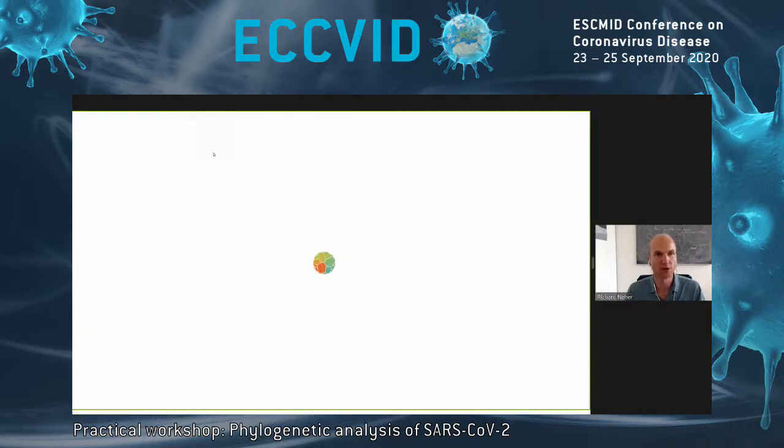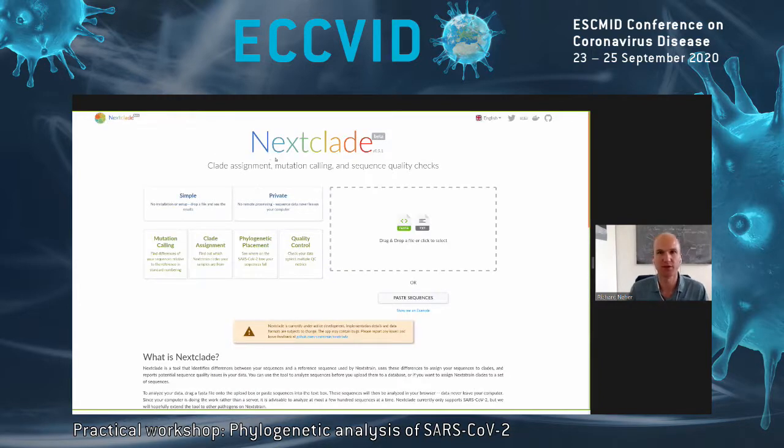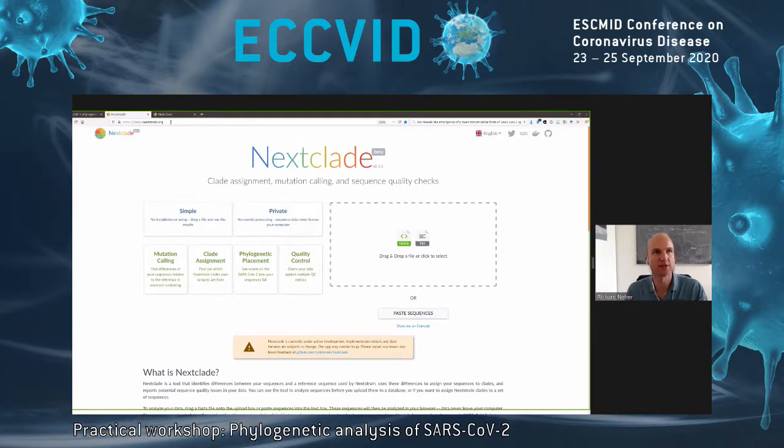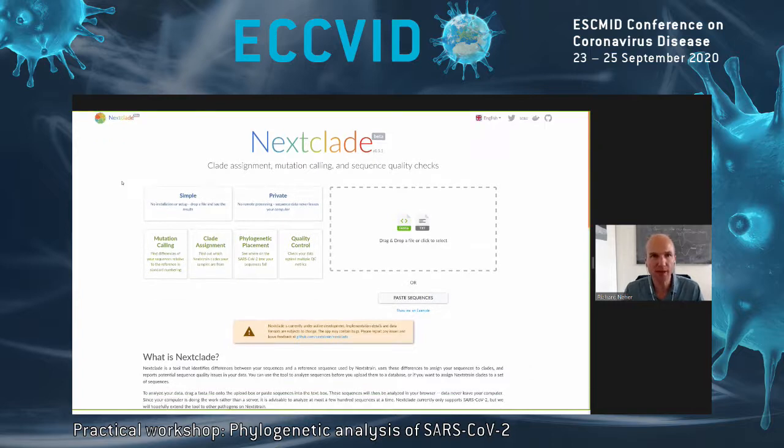You should get a page like this. It lives at clades.nextstrain.org, and it has a big field where you can drag and drop a FASTA file, or click there to select a file, and I'll do that in a second.